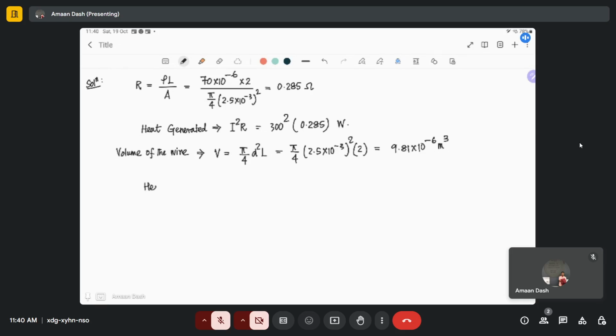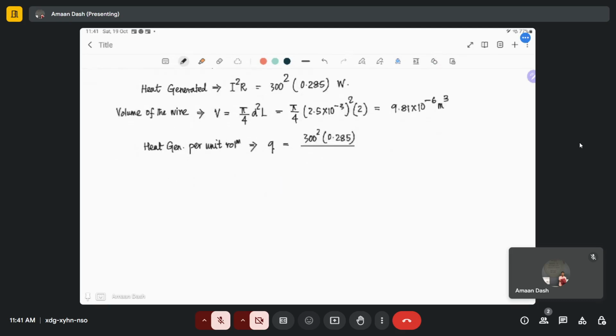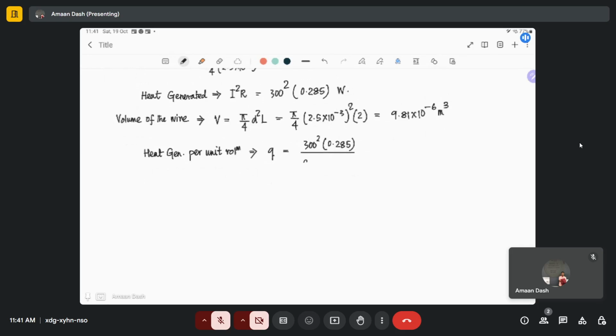It is the heat that is generated per unit volume, that you represent as Q. Okay, small q, and that is equal to 300 square times 0.285 divided by 9.81 times 10 to the power minus 6.